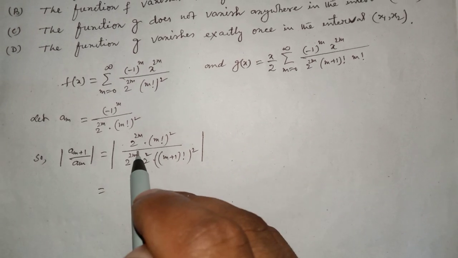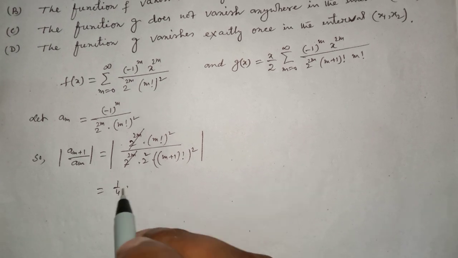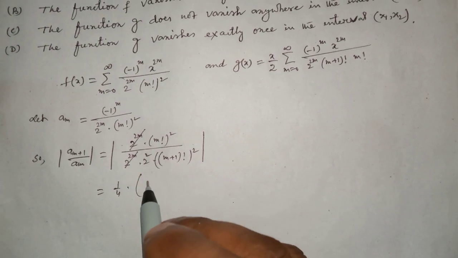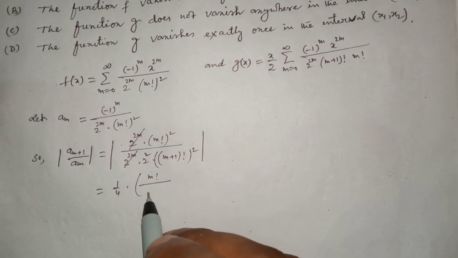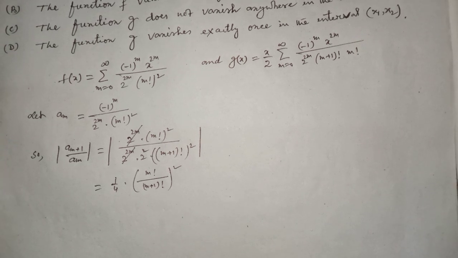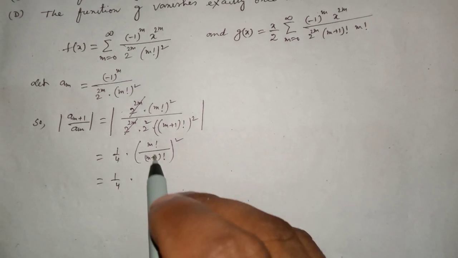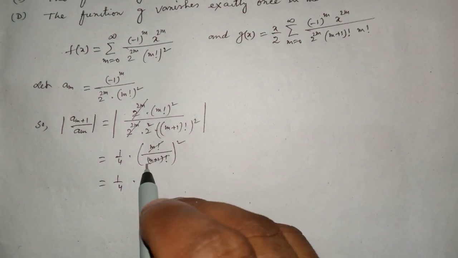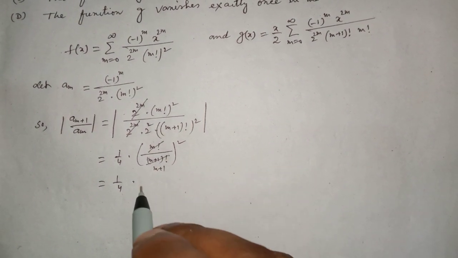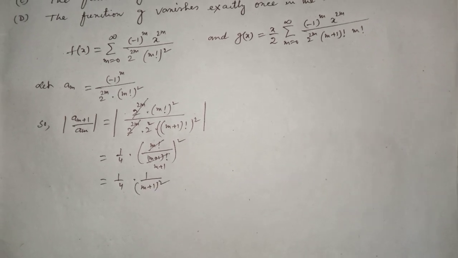This is equal to, 2^(2m) cancels, 1/4 times (m!/(m+1)!)^2, which is 1/4 times 1/(m+1)^2.